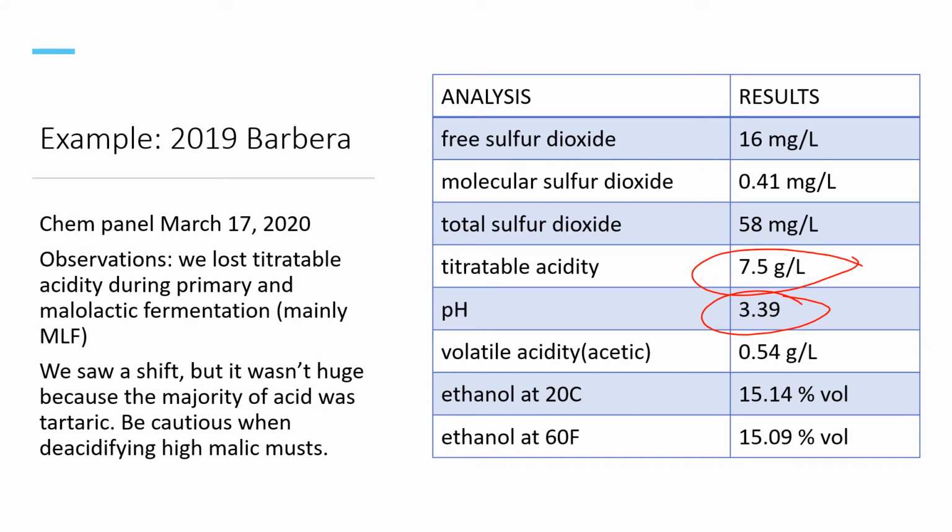And we did see a shift for sure, but I would be cautious on wines like these if I was deacidifying. For example, if this wine had lower levels of tartaric and we decided just to chemically deacidify it, we could have blown out all of our acid because we lost the malic during malolactic fermentation, and then we would have taken away quite a bit of our tartaric thanks to chemical deacidification.